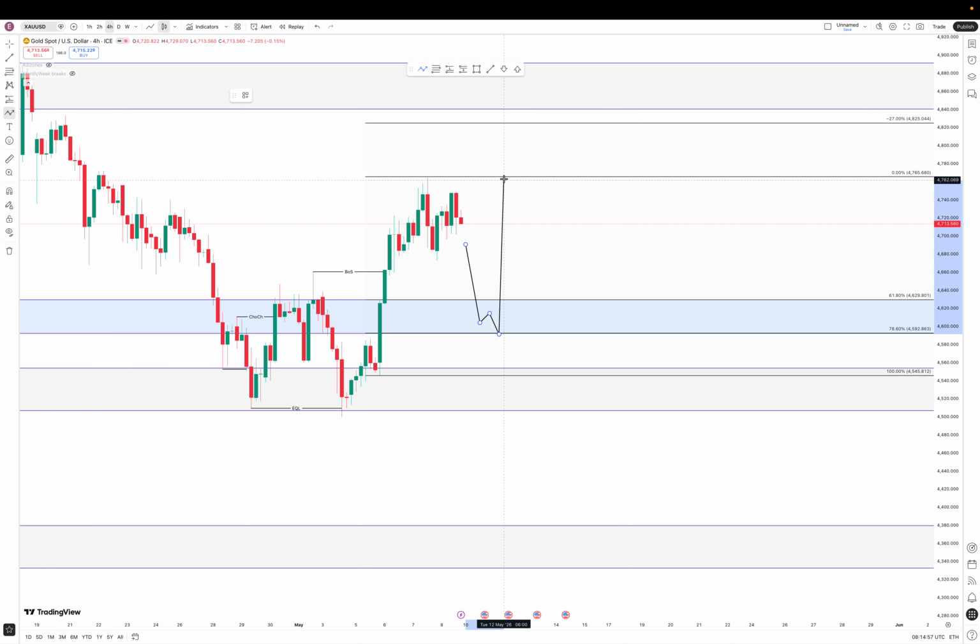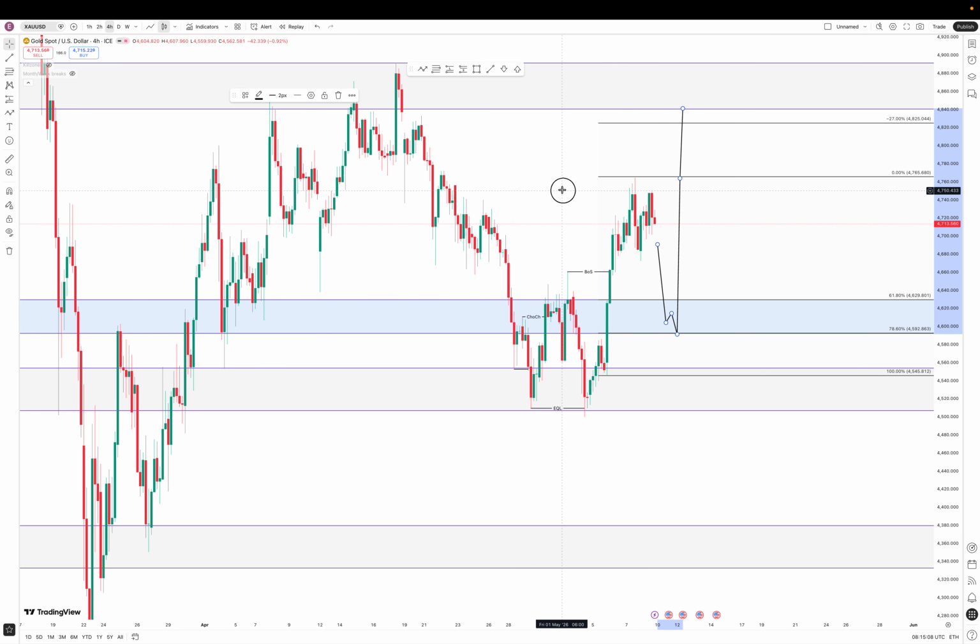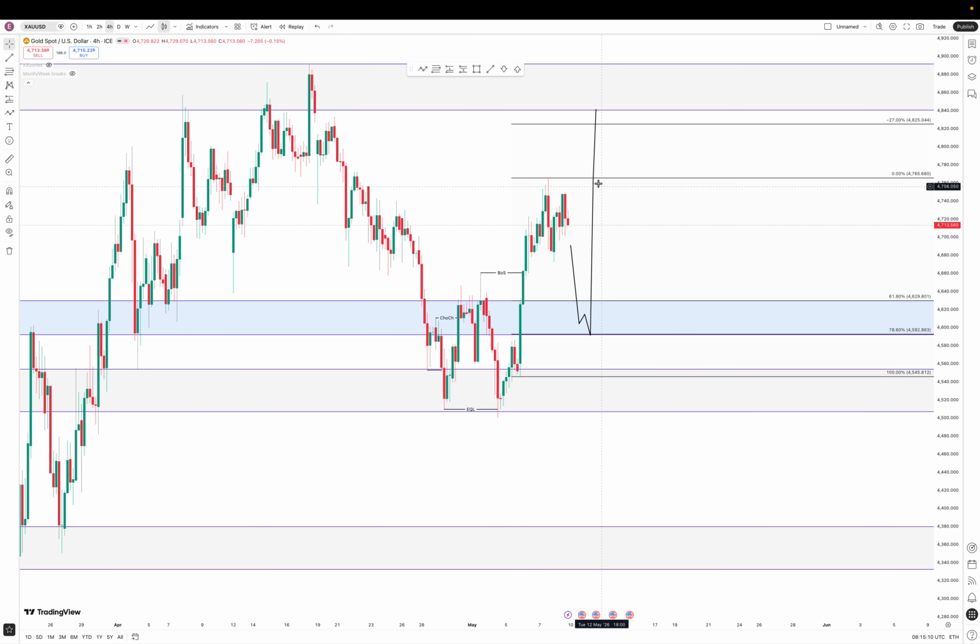I'm likely to take my profit here, but if I see the buying pressure, I might extend my take profit to this daily resistance right there.